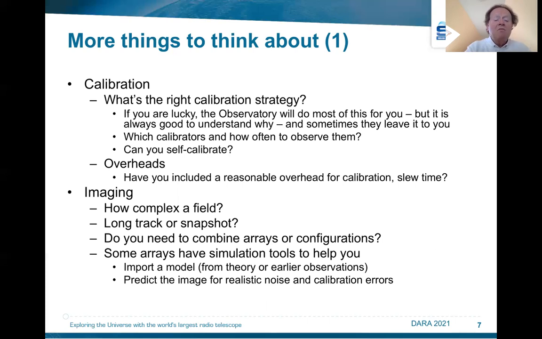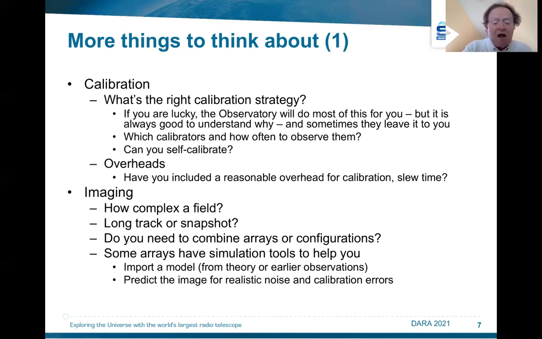Sometimes you will need to combine arrays or configurations, so two entirely different telescope observations, or more likely different configurations of a reconfigurable array like ALMA or the VLA. You may need that to get a combination of surface brightness sensitivity and resolution.